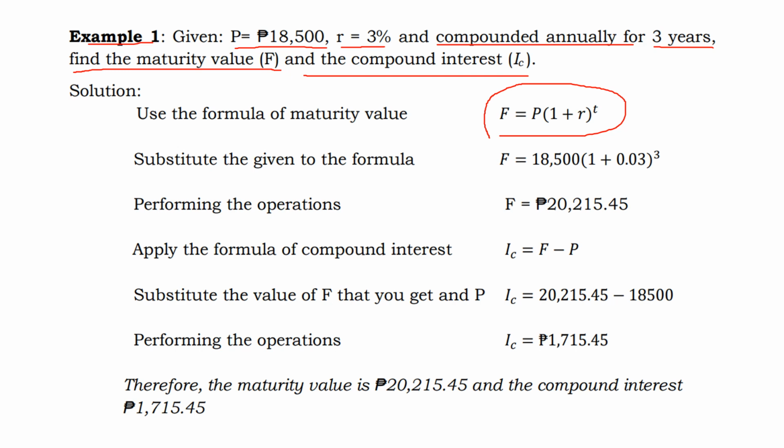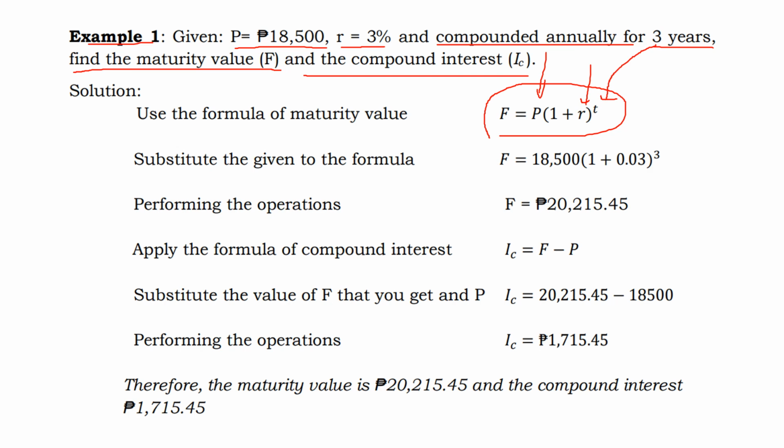Since there's a given value for P and R, and there is a value of T which is 3 years, we can substitute the given values to the formula, which is F is equal to P multiplied by (1 + R) raised to T.